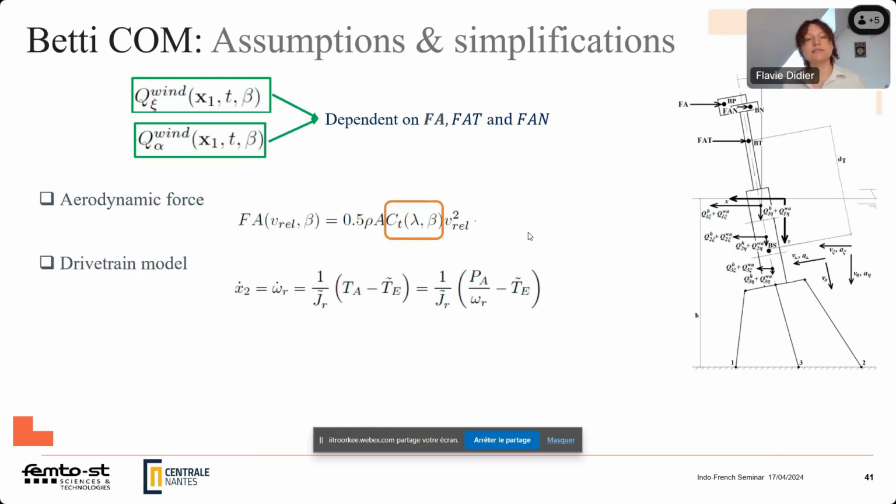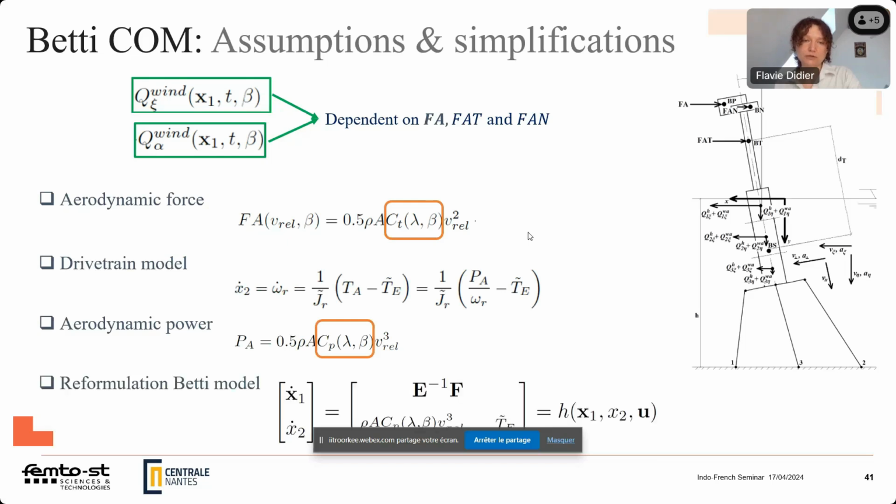And then we use this expression for the drive train, which uses the aerodynamic power, expressed as a function of Cp, the power coefficient, which is expressed with the command. So here is the formulation of the Betty model.